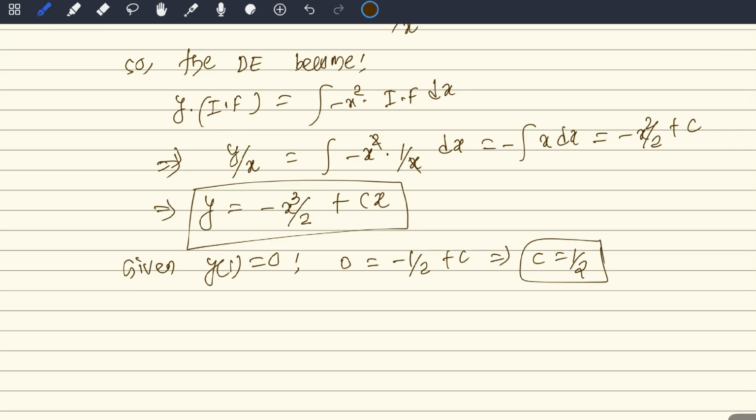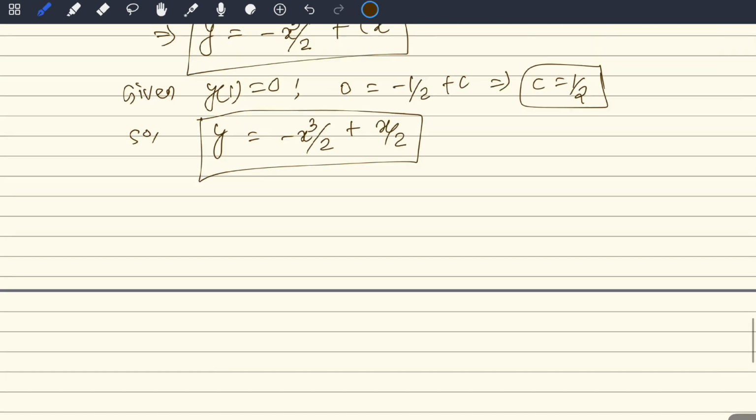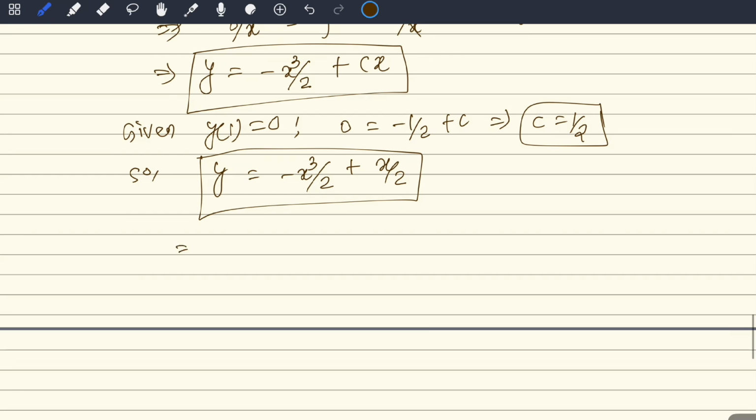This is my value of c. So y is equal to minus x cube by 2 plus x by 2. This is my y, which is nothing but a function of x, f of x. So we got f of x is equal to minus x cube plus x by 2.